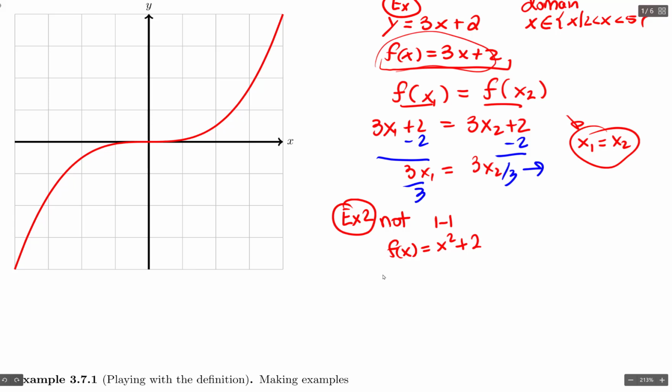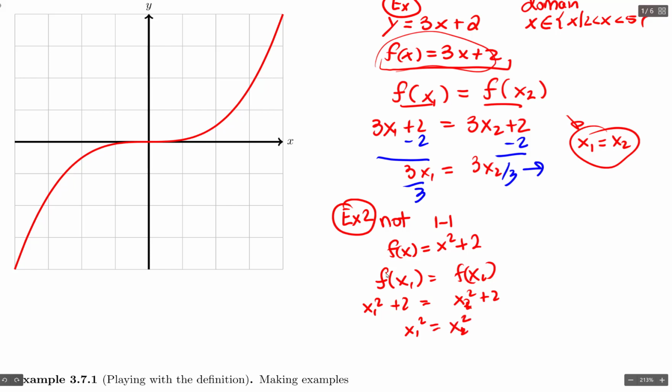And what I really do is set up the same kind of equation. Take my function, set it equal to each other, then substitute x1 into the left side and x2 into the right side, and then I algebraically solve and see if I get the same thing for all choices of x. So I'm going to skip through the algebra here, at least to this step where I've got this.